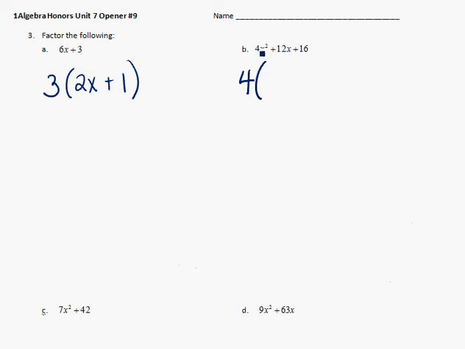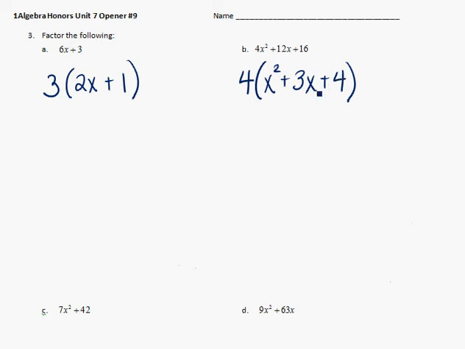So 4x squared divided by 4 is x squared, plus 12x divided by 4 is 3x, plus 16 divided by 4 is 4. And then again, you can check to see if you're correct by distributing the 4 and making sure that you do get 4x squared plus 12x plus 16, which we do.